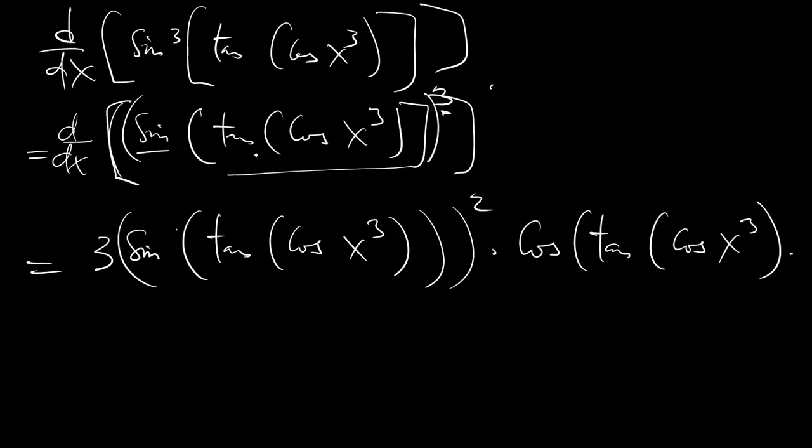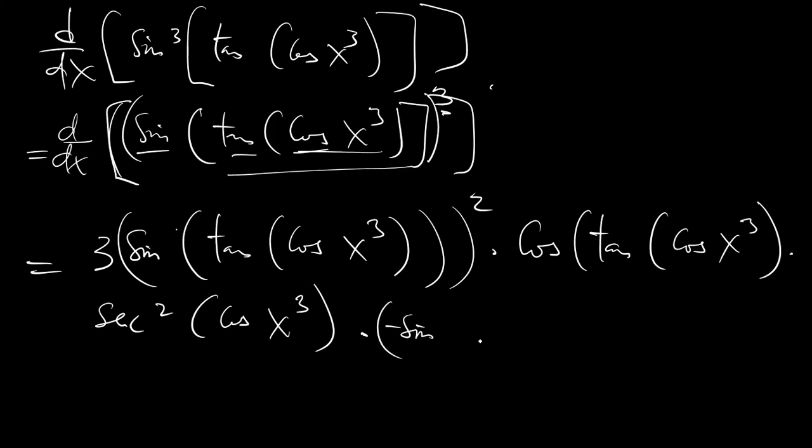Then differentiate this, the whole of this remaining constant, so you have sec squared cos x cubed, times differentiating this, the whole of this remaining constant, that is minus sine x cubed. Then differentiating only this, you have 3x squared.